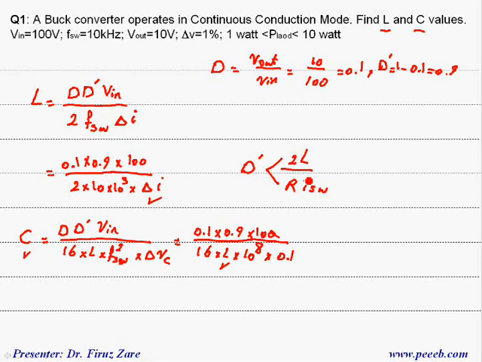So now you can think about it for 5 minutes and find how to calculate the inductance value and how to calculate the capacitance value. In order to do that, you need to see what the minimum and maximum load impedance are, and based on that you can satisfy this criteria, and then you can find the inductance value, then you can find the capacitance value.